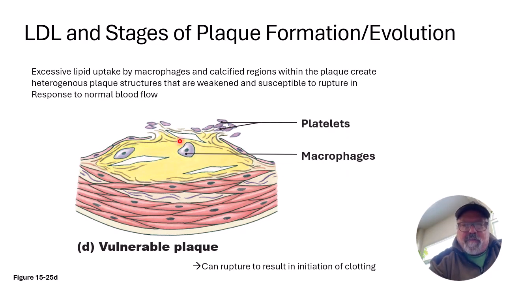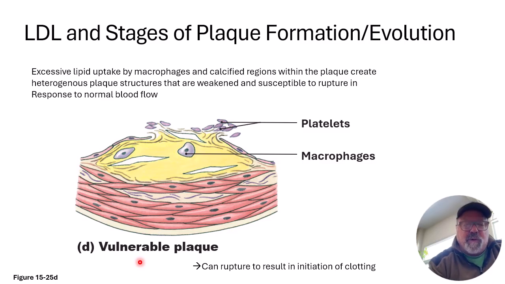As more and more of the macrophages convert into foam cells and become these big, almost bubble-like structures within the plaque, more and more calcifications create a very heterogeneous environment that is easy to disrupt as blood is trying to flow over the lesion. And in these plaques that have such a heterogeneous shape and have lost their ability to maintain that stable structure, those now become what are known as vulnerable plaques.